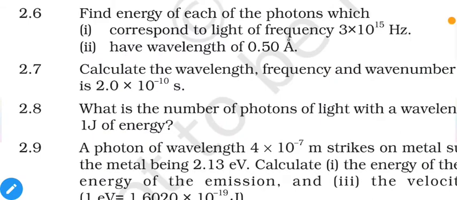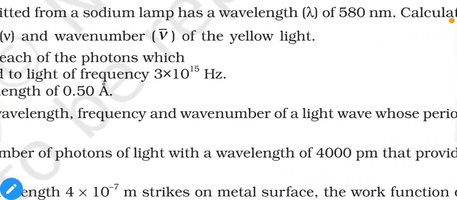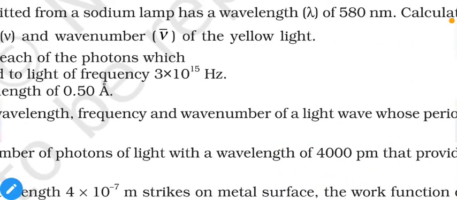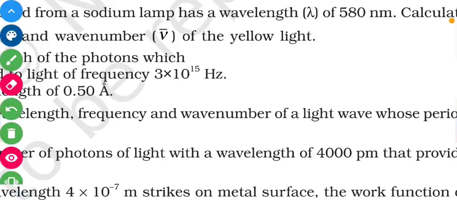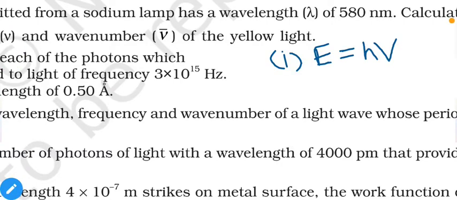Next is to find the energy of each photon which first corresponds to light of frequency 3 into 10 raised to 15 hertz and second of wavelength 0.5 angstrom. Here you have to use two different equations. For the first one we will use the equation of energy which uses frequency, that means E is equal to hv. For the second one, instead of frequency, wavelength is mentioned, so we will use the same equation with a changed value of v.